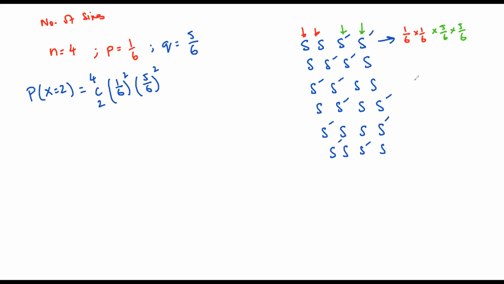So these are going to be 6 times 1 over 6 square, and then you have 5 over 6 square. That is why the probability that x equals 2 is 4C2 times 1 over 6 square times 5 over 6 square. So does that make sense to you?